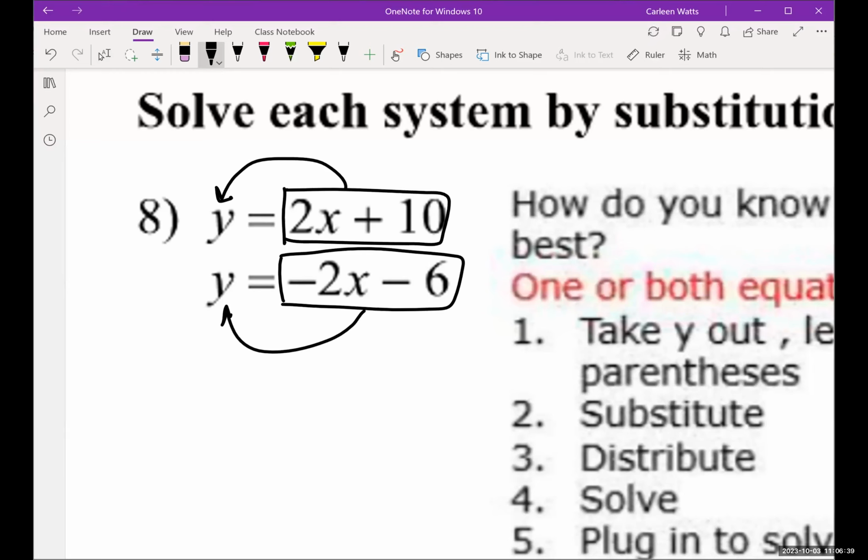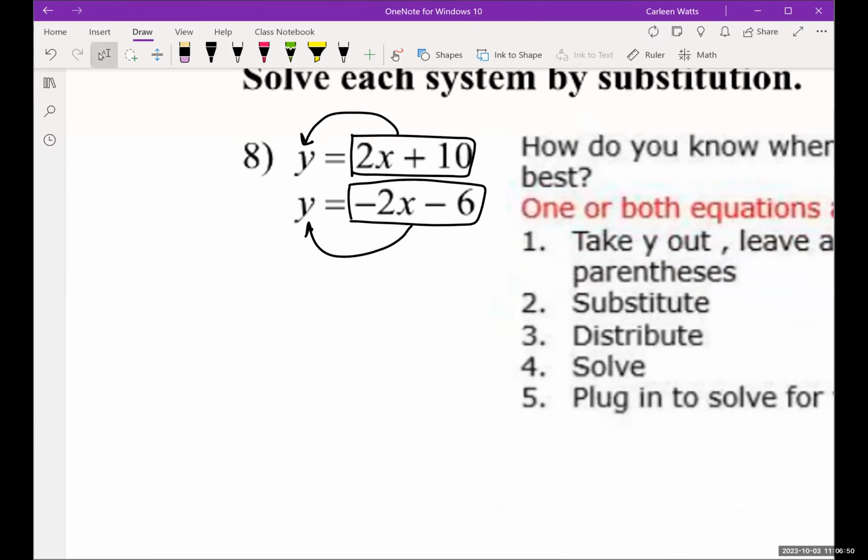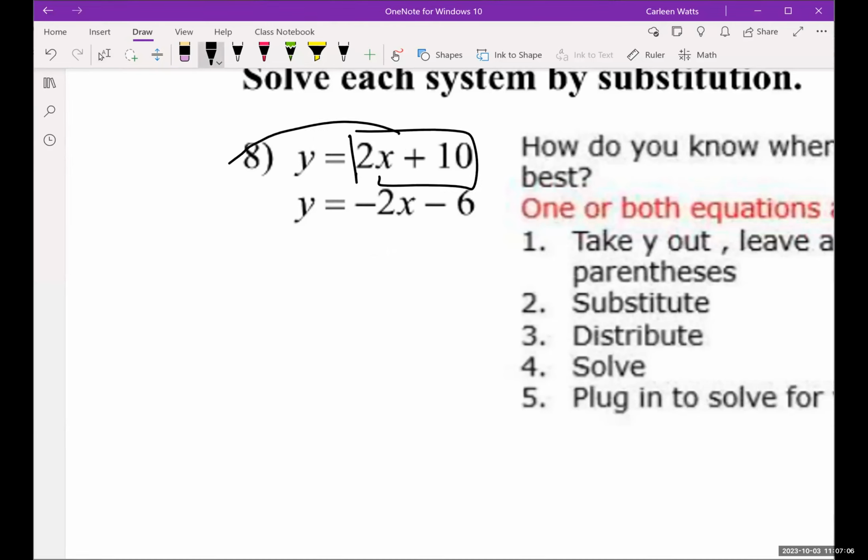Do you see where this is going? If I am friends with Brooke and you are friends with Brooke, we're both friends with the same person. Okay, so solve by systems of equations. When you have two equations, both solved for y, you're using the substitution hook them together method. So let's put this one in place of y.